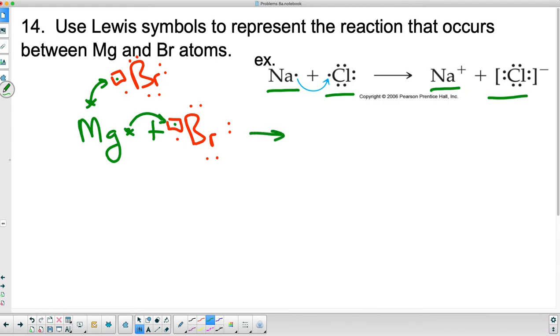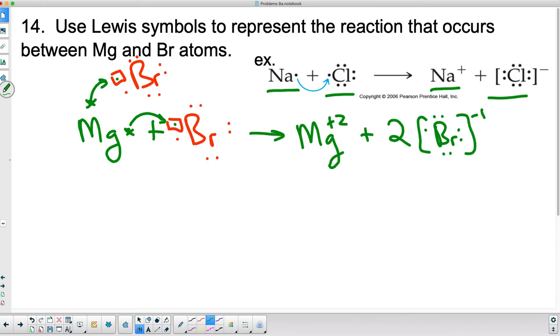Which means that on the other side I would get magnesium with a +2 without any electrons, and then I would have 2 bromines, but each one would have a -1 charge. I did that backwards, but you get the idea. 1 comes from magnesium, and the rest are from bromine, and then the -1, and then the 2 here means that we have 2 bromines.